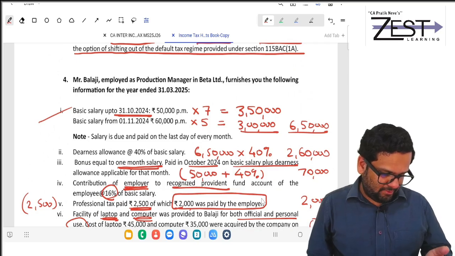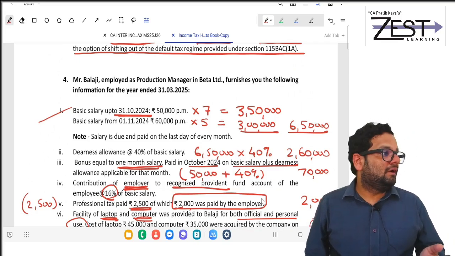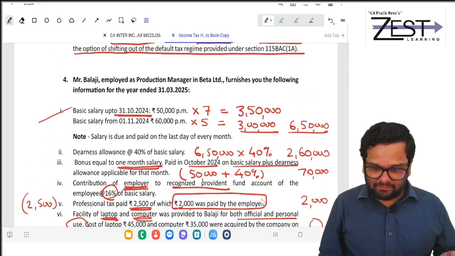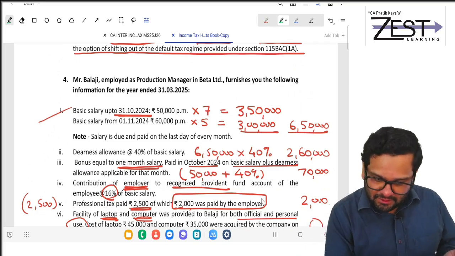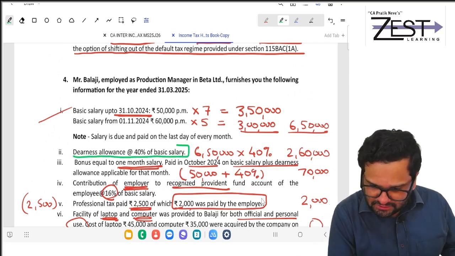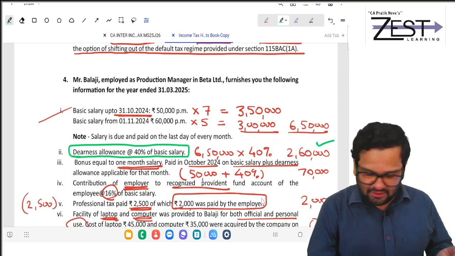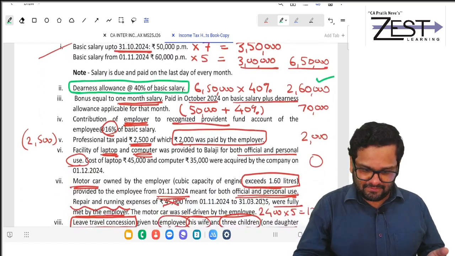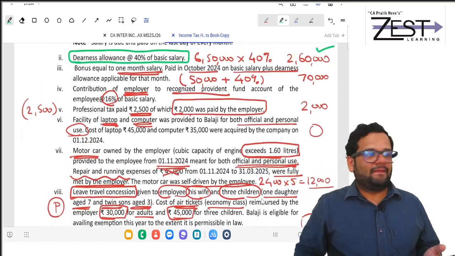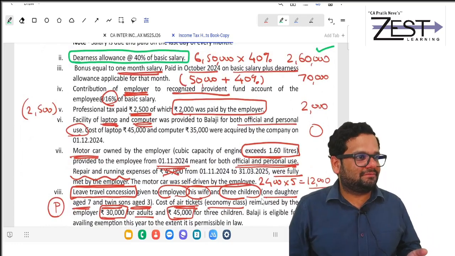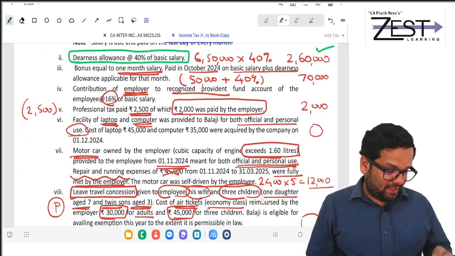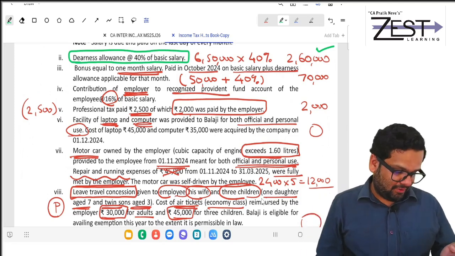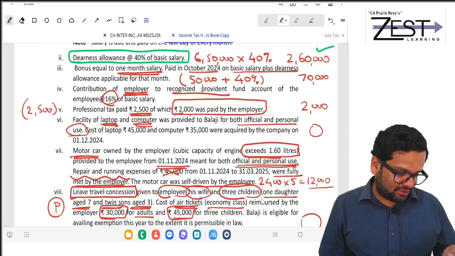Do you know anything about DA? I'm just thinking about DA. DA is 40% of basic, that's fine. Is it terms of employment or not? Is it given anywhere? You'll have to do some assumption. Any assumption you can do. Accordingly, your answer will change. We all will do similar assumption.